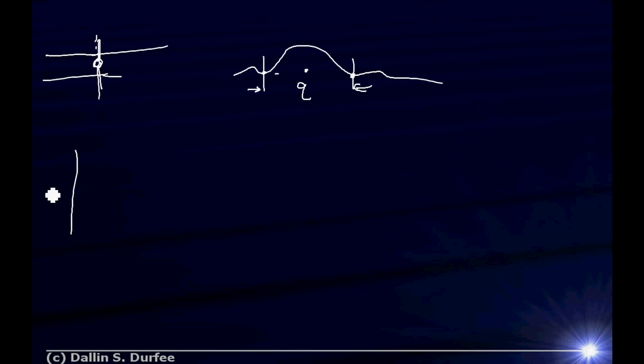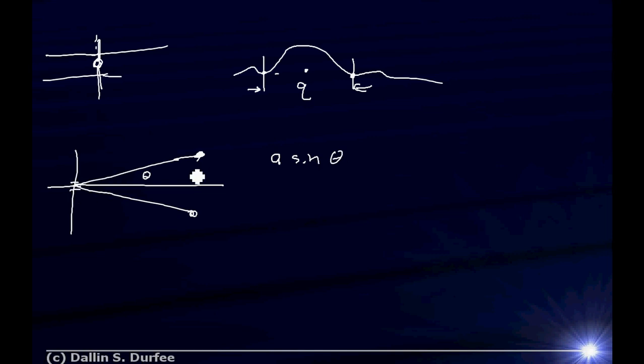So I have my laser beam, I go through my slit, and I'm going to get these two zeros out here, right? And what are the angles for those zeros? Well, the angle to go up to the first dark area, the first zero, remember for a single slit, is given by the equation a sine theta, where a is the width of my slit, right?